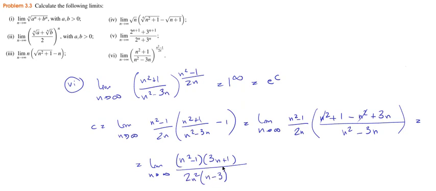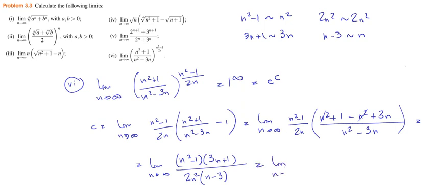Well, we can expand this actually, but we can take care only of the large terms. As usual, n squared minus 1 is asymptotically equivalent to n squared, 3n plus 1 is asymptotically equivalent to 3n, 2n squared is asymptotically equivalent to 2n squared, and n minus 3 is asymptotically equivalent to n, right?